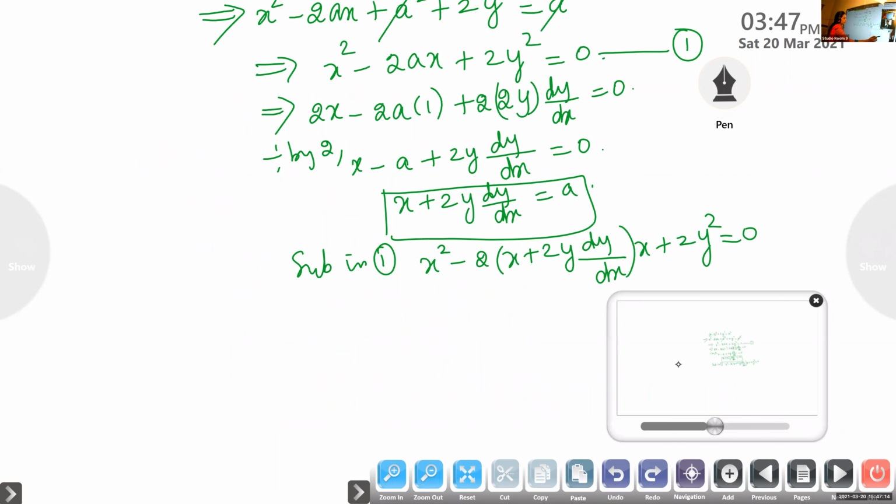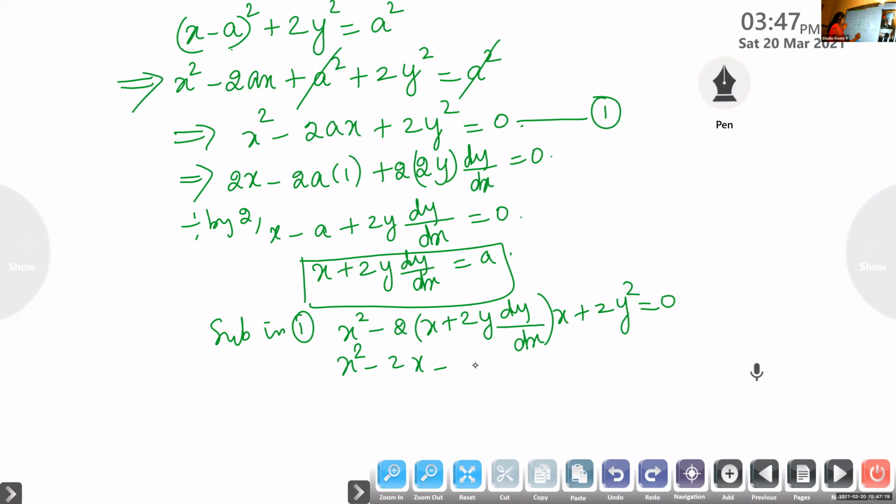When you open the bracket, we get x square minus 2x square minus 4xy dy by dx plus 2y square is equal to 0. Is it okay? Is it clear, children? So x square minus 2x square means you'll get minus x square minus 4xy dy by dx plus 2y square is equal to 0.